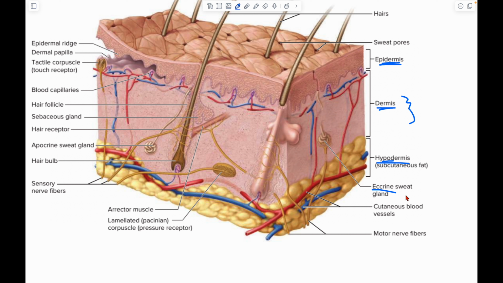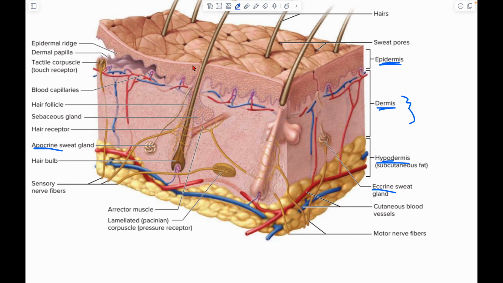It releases sweat and cools us down as the sweat evaporates. There's also the apocrine sweat gland here, which is different from the eccrine sweat gland. It releases sweat in response to stress, not changes in body temperature.